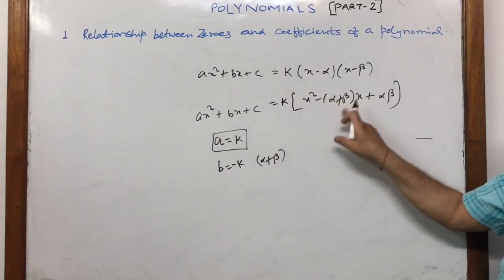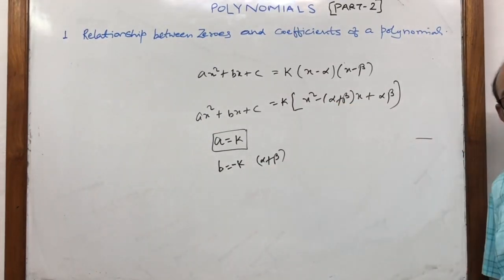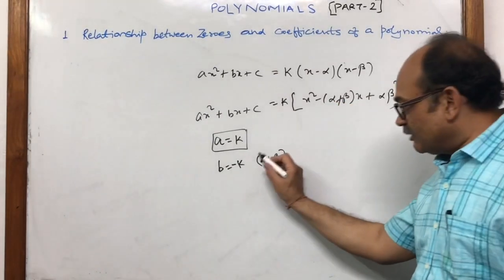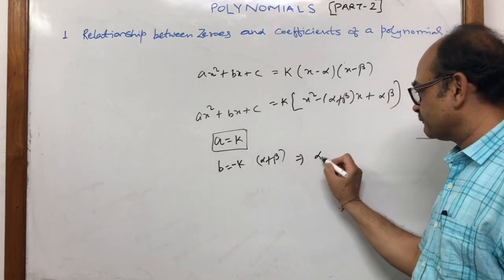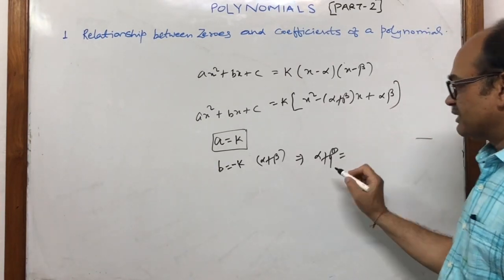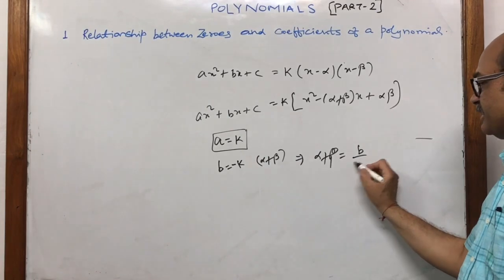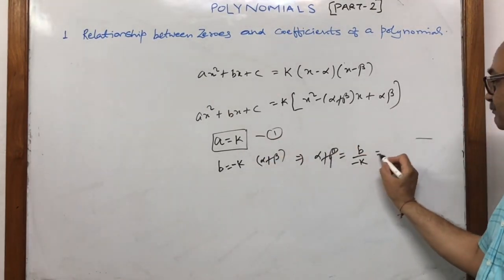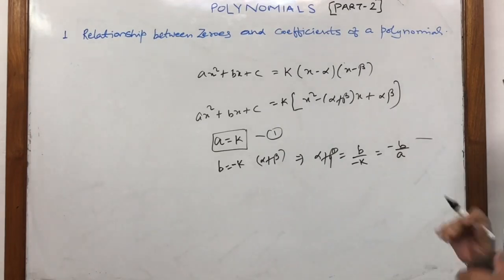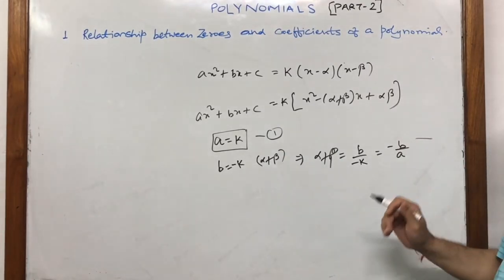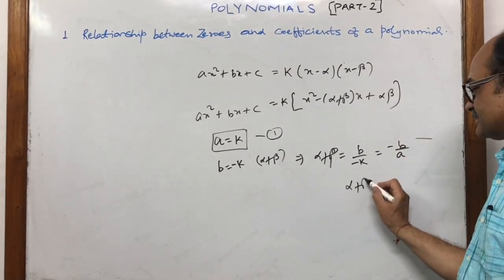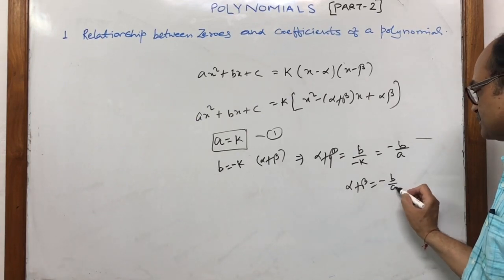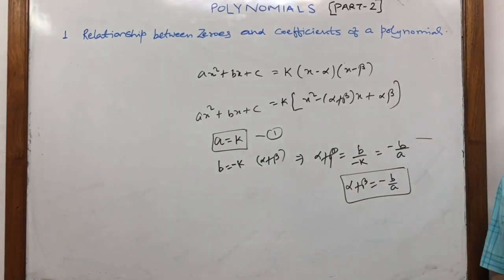K into minus alpha plus beta is nothing but b. It means alpha plus beta is what? Alpha plus beta is b upon minus k. But what is k from first? Minus b by a. Hence, the second formula is that the sum of the roots, sum of the zeros, is nothing but minus b by a.